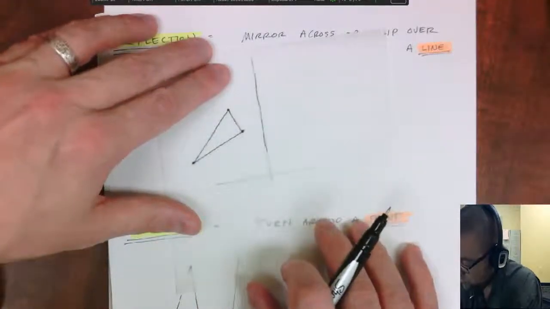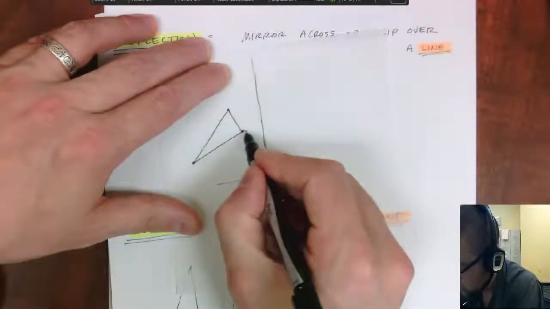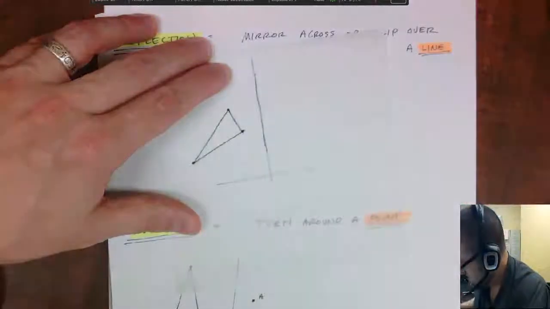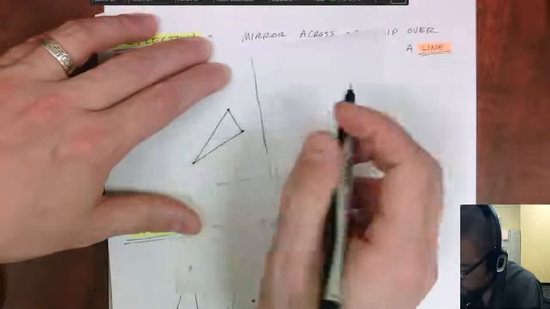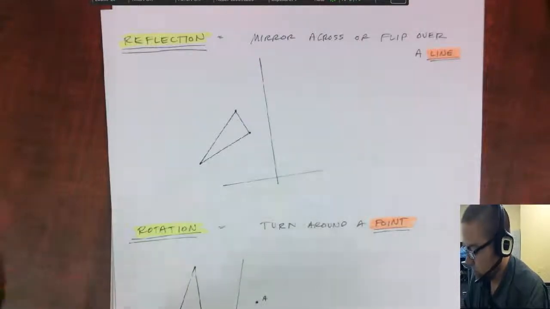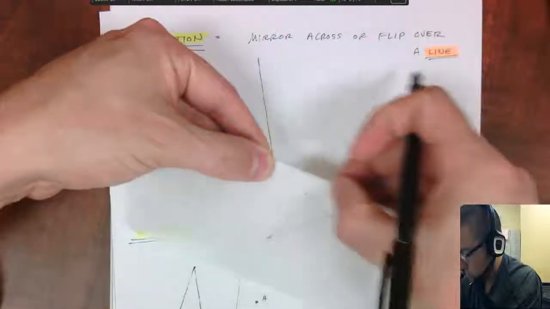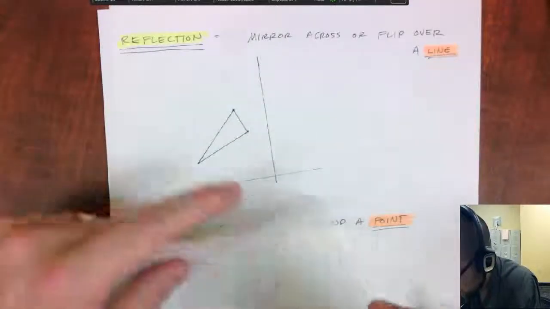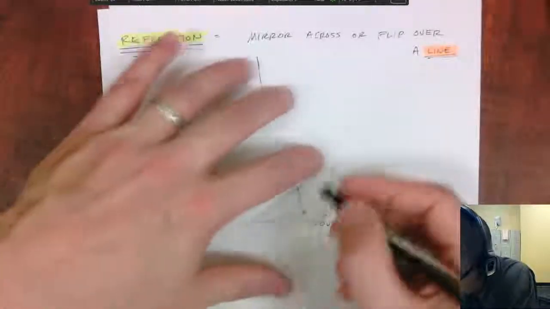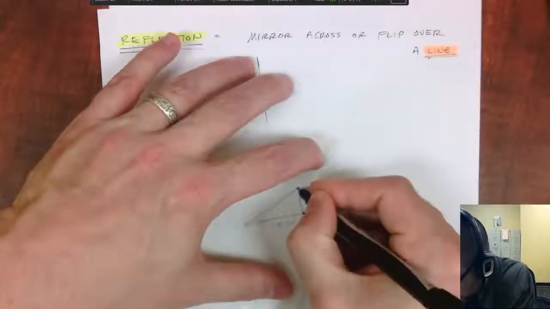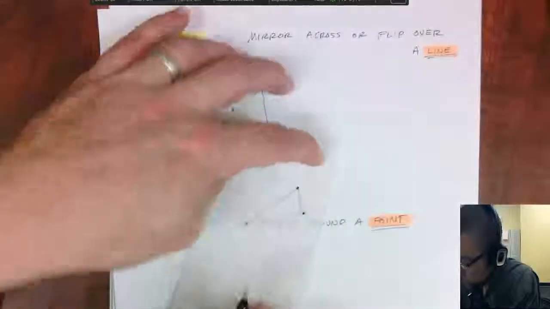Now, I do want to make sure that I keep the same facing, so I'll just draw a line. It needs to be actually perpendicular to this line. I could fold it, that's what I'm going to do. I'm going to fold it across that line, and then on the back side I can draw those points in.